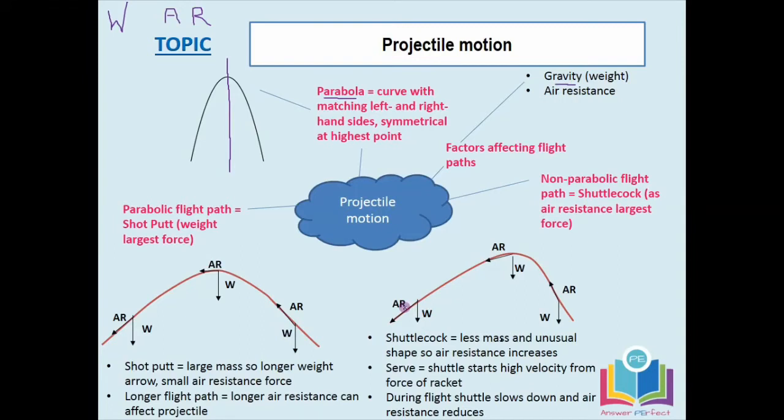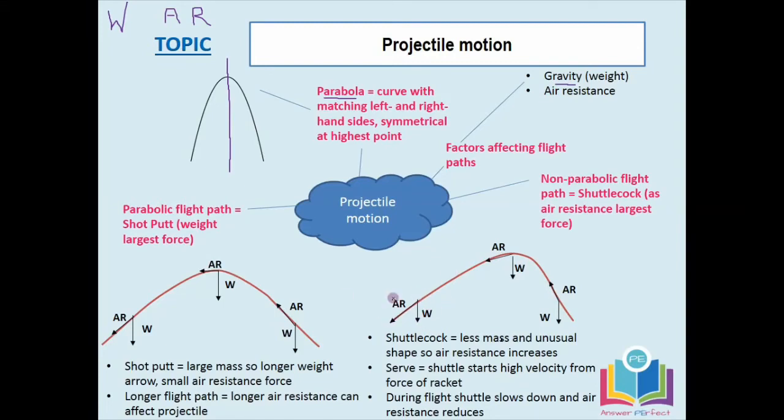If we compare the 2, the weight force is actually the smallest force acting upon the shuttlecock, whereas on the shot put, it is the greater force out of the 2. And as you can see, air resistance is greater at all points. One thing to note though, is the air resistance actually gets smaller from the start to the middle and then to the end. So it has least effect at the end.